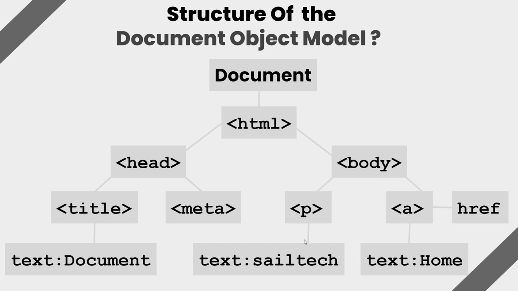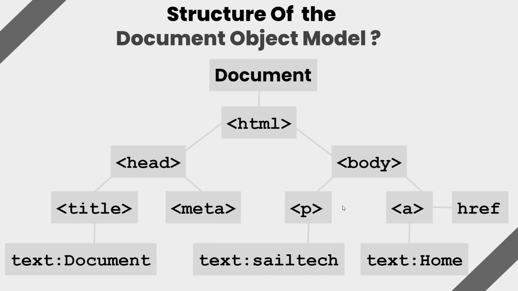Before we get to the next level, you can see that beside the anchor tag is the href attribute. So this actually means that the attributes and the elements are quite on the same level.